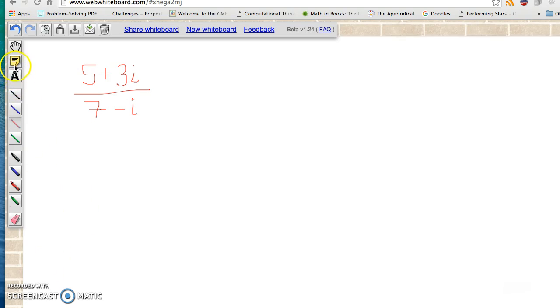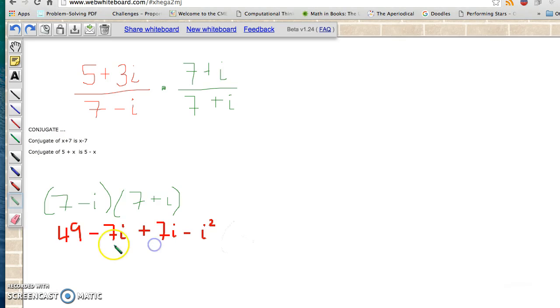It has to do with this word called conjugate. A conjugate of x plus 7 is x minus 7, and so on. When you multiply a conjugate, those middle terms cancel out, and remember that i squared term is -1, so this is minus -1 or plus 1.